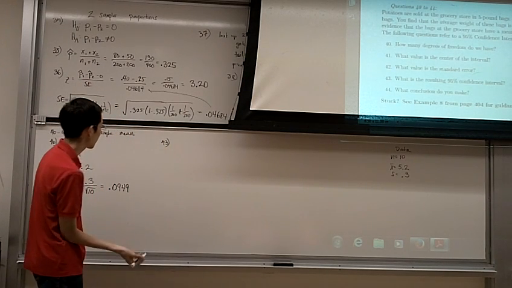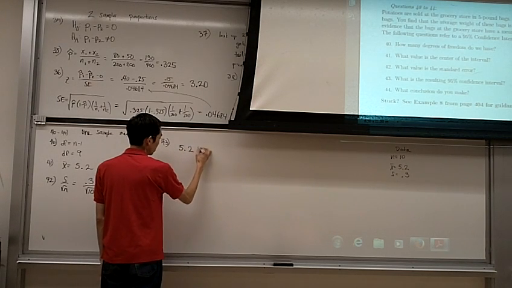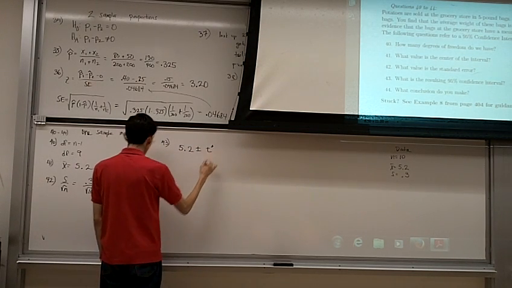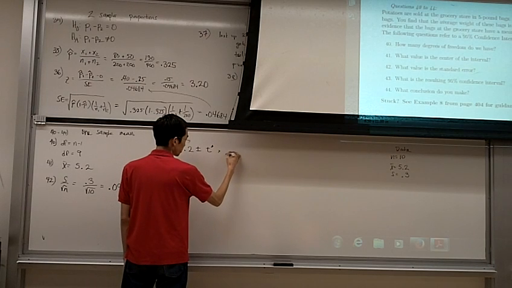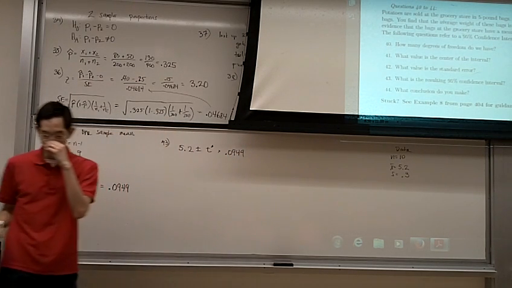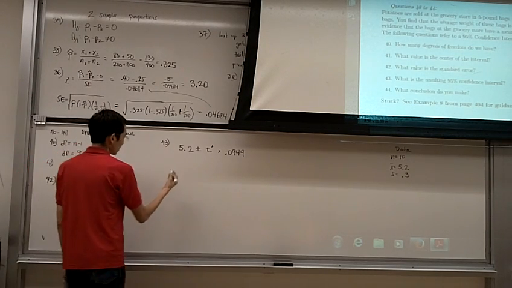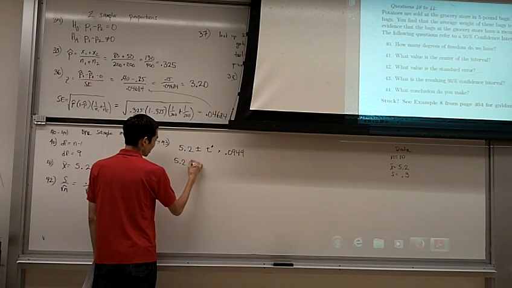43, what is the resulting 95% confidence interval? So we are going to do 5.2 plus or minus t star times my standard error, which is 0.0949. The t star comes from our t table, and for 95% confidence and 9 degrees of freedom, the value I'm using is 2.262. I think that's the second time we've used 2.262.